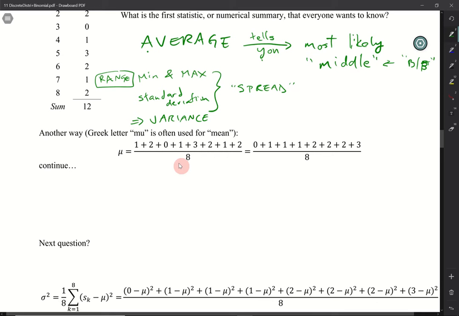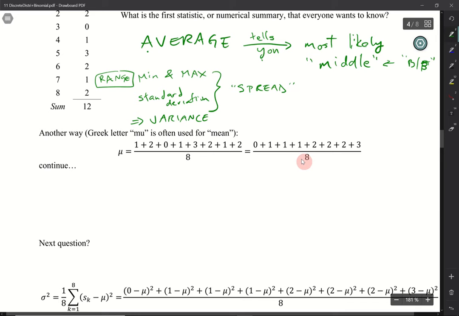But if you think about it, does it matter if you're adding up a bunch of numbers? Does it matter if you start out with 1 and then you add 2 and then you add 0? The order of addition doesn't matter. So if we go ahead and sort the numbers before we add them up, it doesn't matter whether we add them up in this order and then divide by 8, or in this order and then divide by 8.